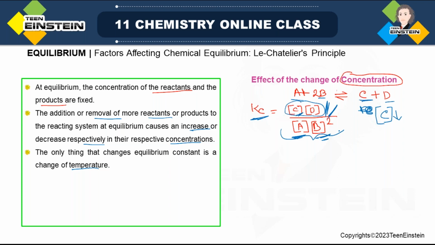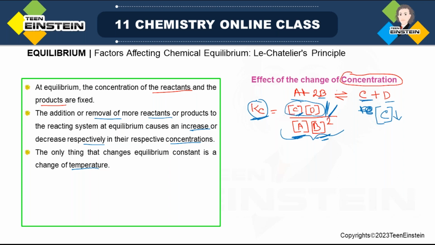So in this way, if we bring some forceful change in the concentration by addition or by removal, then the other species will adjust the system in such a way that the original value of Kc remains the same. Fine, because the exact value of Kc can change only when you are changing the temperature.